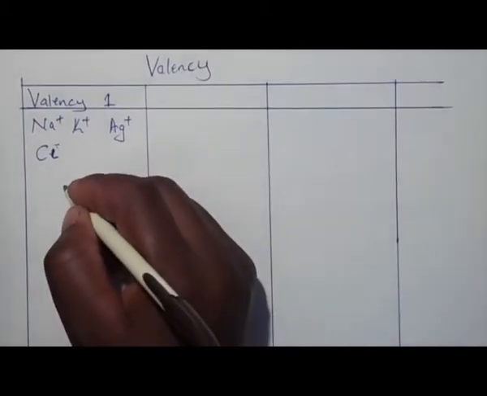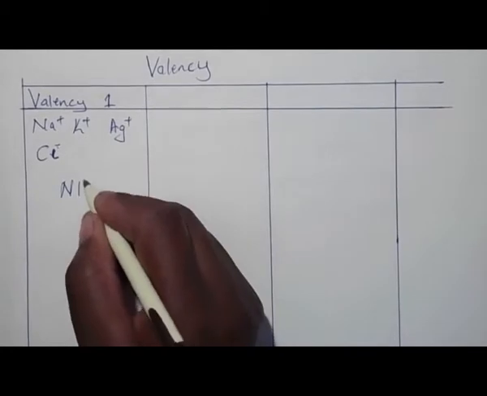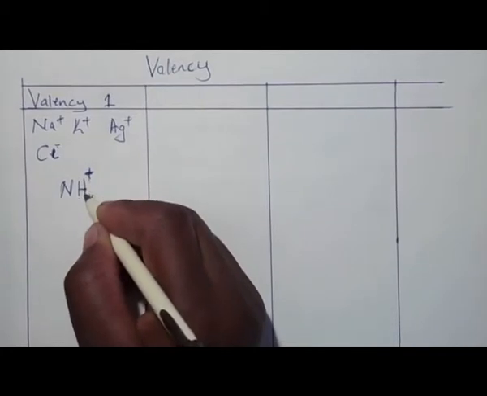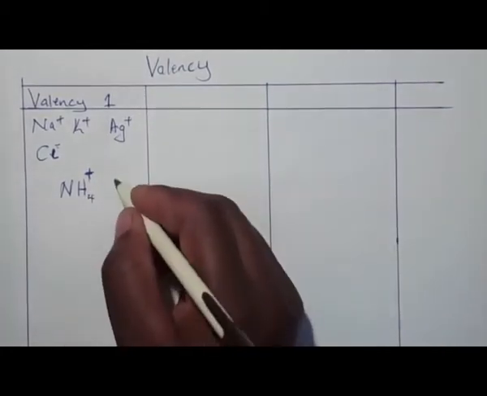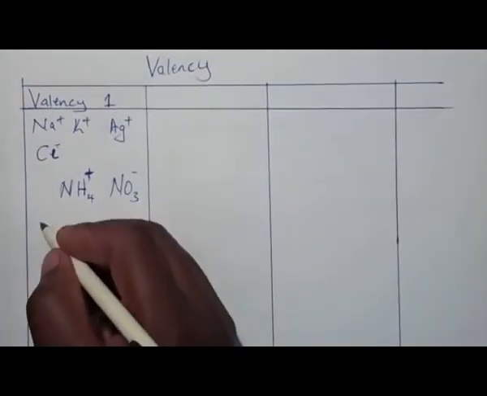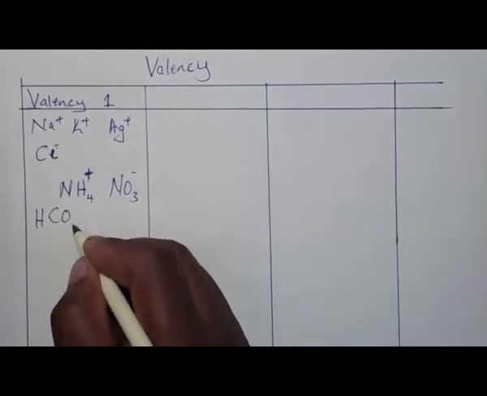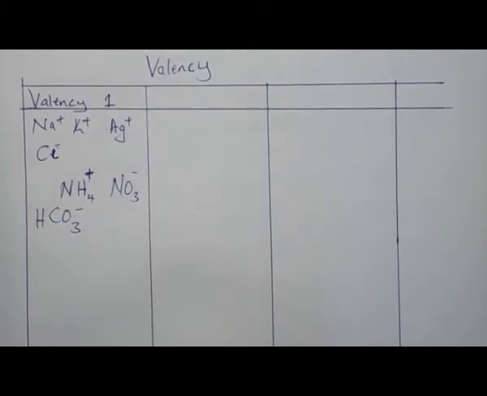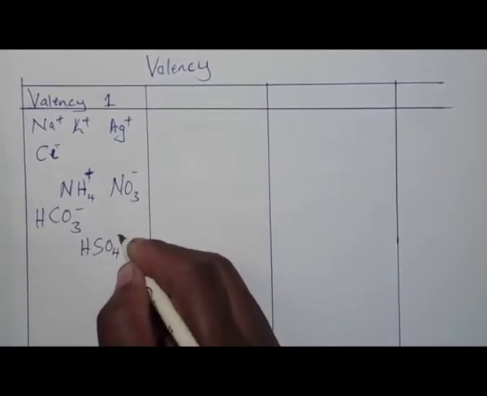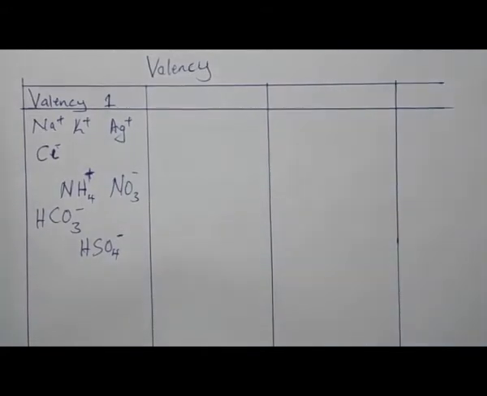Now radicals, we have ammonium, this is the ammonium ion, we have nitrate, this is with 1, we have hydrogen carbonate with 1, we also have hydrogen sulfate with 1. All these are some examples of those elements and radicals with valence 1.